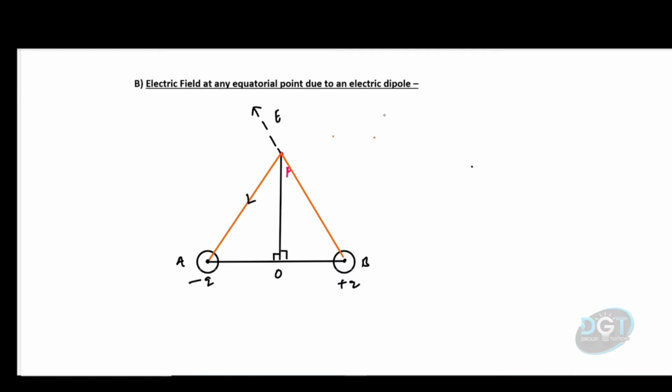So say this is electric field at P due to B, and this is electric field at P due to A. Now suppose this angle is theta, and since this is the midpoint, the distance between them is L, and also distance from P to O, this distance is R.